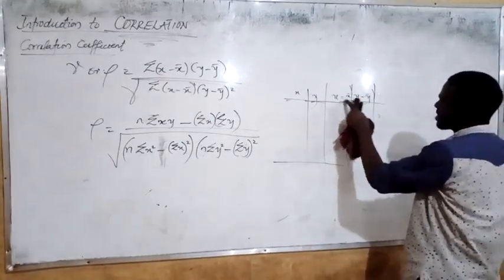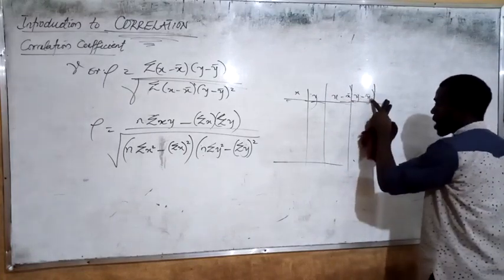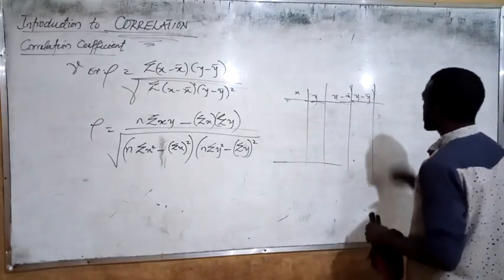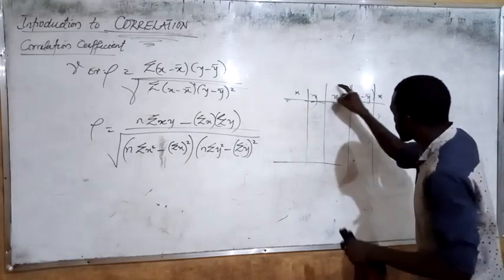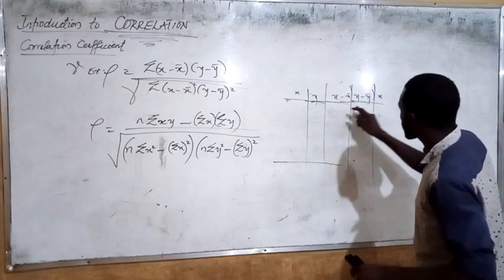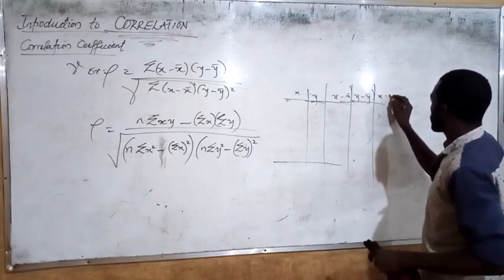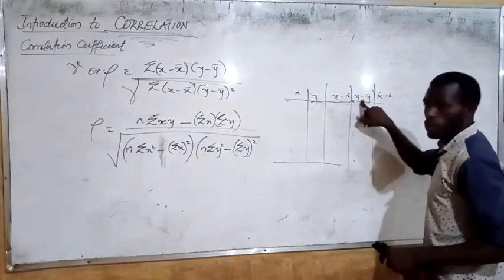Then after taking the deviation of x from x bar and the deviation of y from y bar, the next thing you do is multiply these deviations by each other. Multiply the deviation of x by the deviation of y.